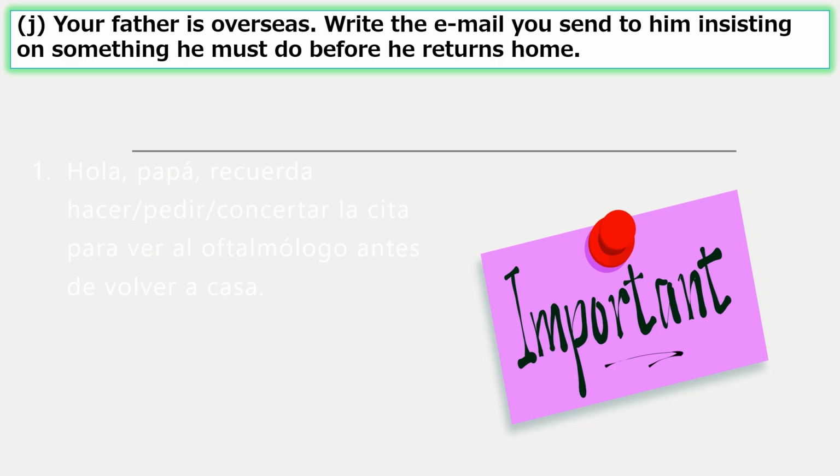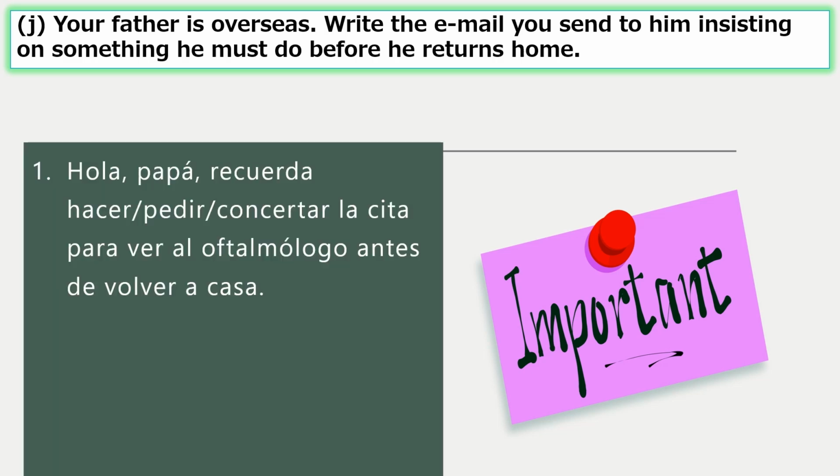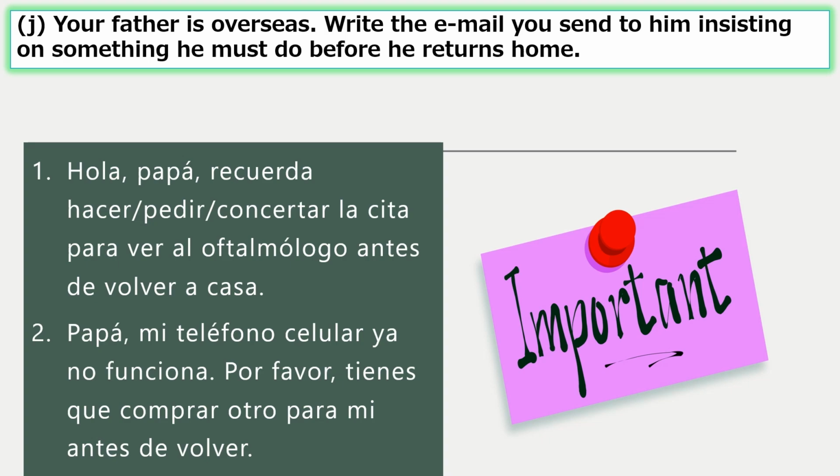The first response is, Hola papá, recuerda hacer o pedir o concertar la cita para ver al oftalmólogo antes de volver a casa. The second, papá, mi teléfono celular ya no funciona. Por favor, tienes que comprar otro para mí antes de volver.